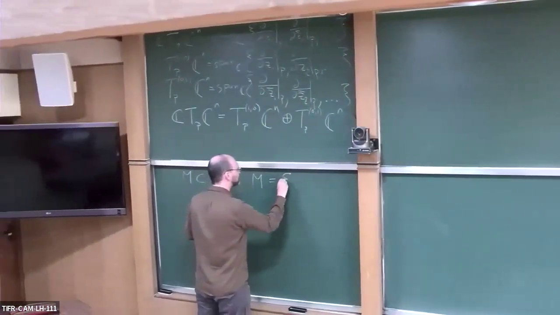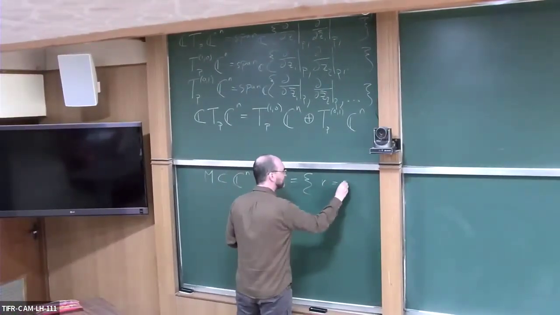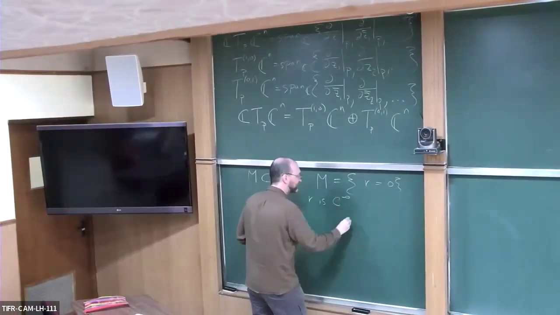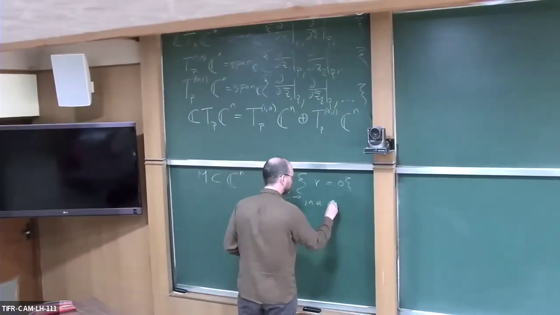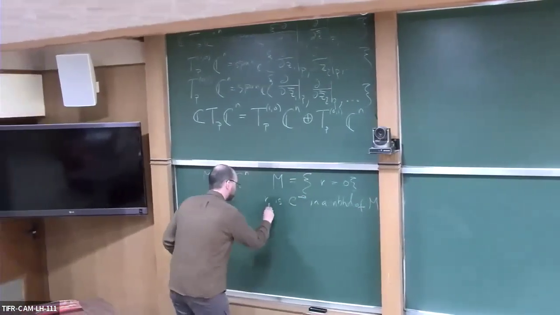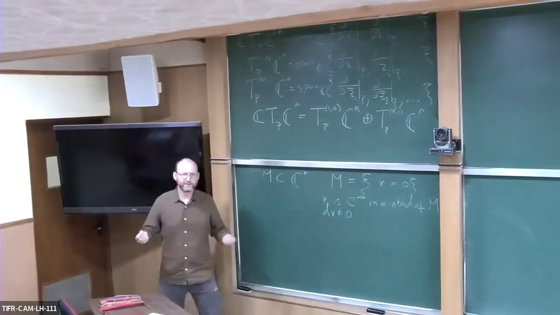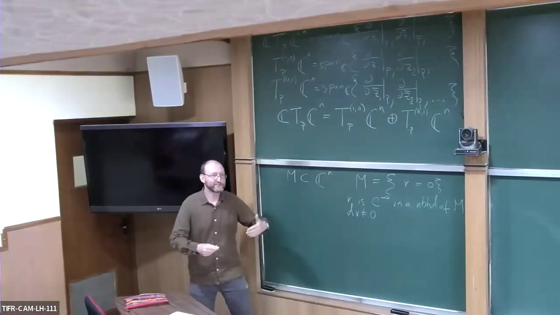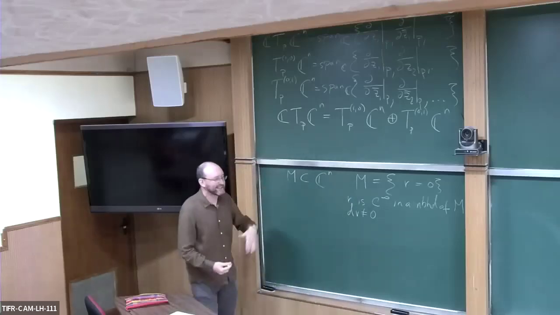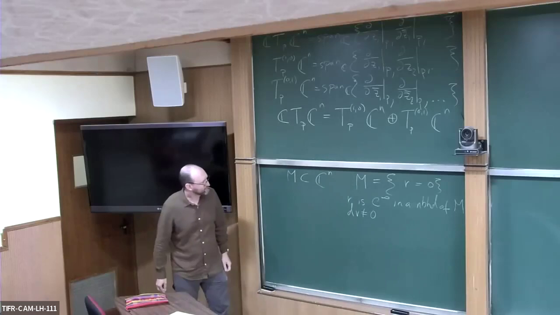This is the set of points, and I'll write it a little sloppily, where r = 0, where r is C^∞ in a neighborhood of M, and dr is not equal to 0. You could just take that neighborhood to be small enough so it's not equal to 0 in the entire neighborhood.